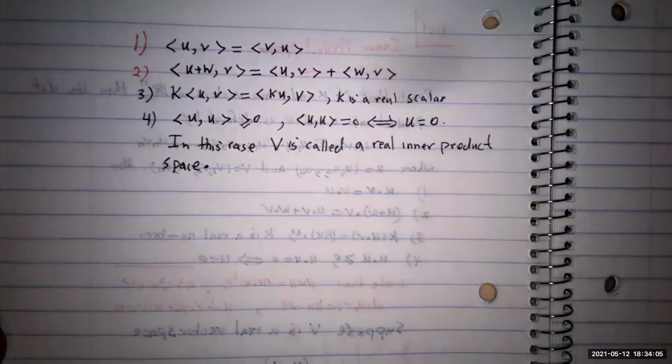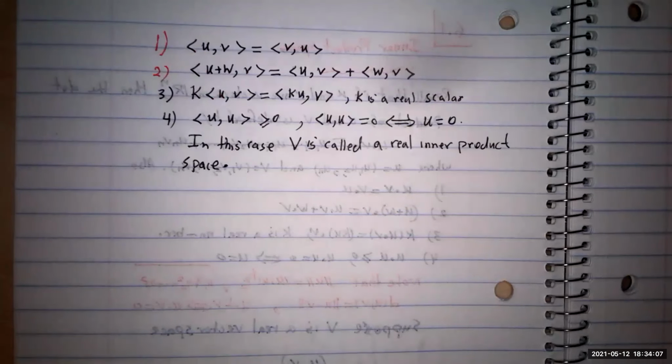If you have a vector space with an extra machine, that extra machine being an inner product function, then this space is a real inner product space. So you have new tools in your vector space.